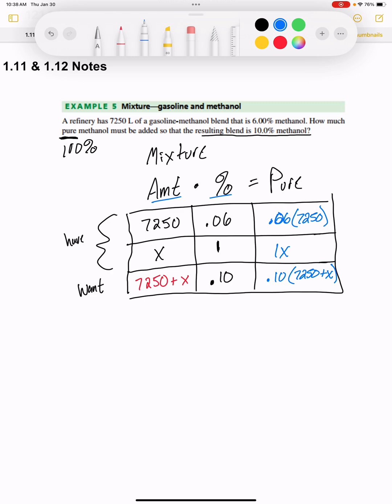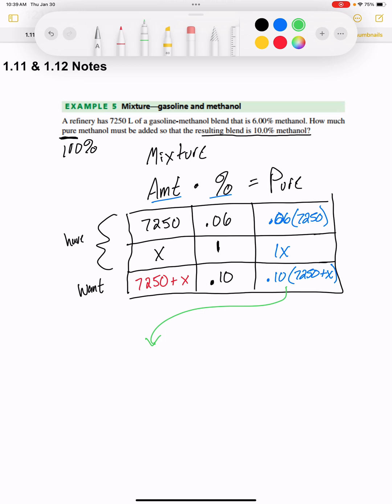Now let's think about my equation. With mixture problems, the equation is usually pretty straightforward, because I know I'm going to be adding two mixtures together to equal a third substance. I'm adding the 6% with the pure, and I want to get a 10%.